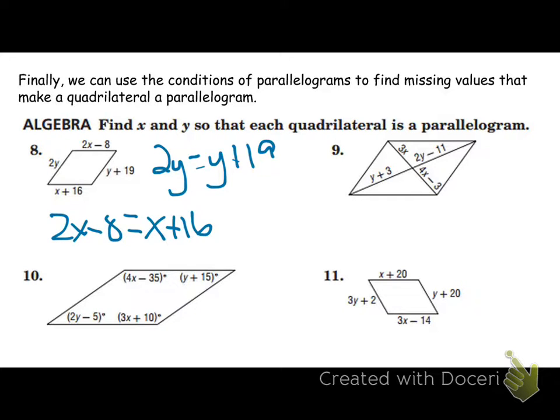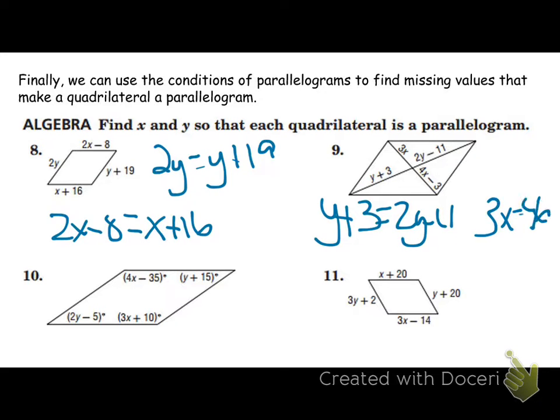I'm assuming I can let you guys solve for x and y from there. What would you set up for number 9, guys? y plus 3, and then 3x equals 4x minus 3. Correct, because diagonals of a parallelogram bisect each other.